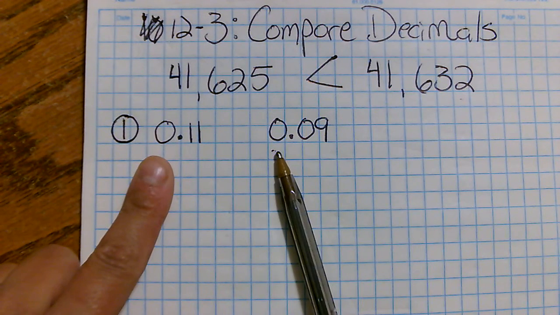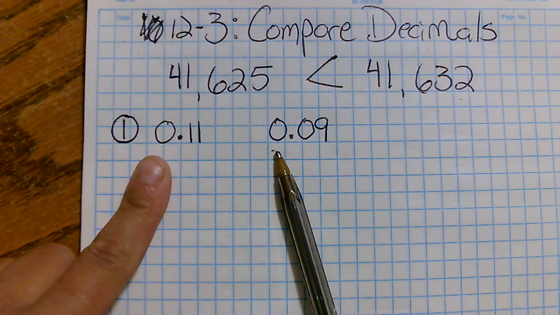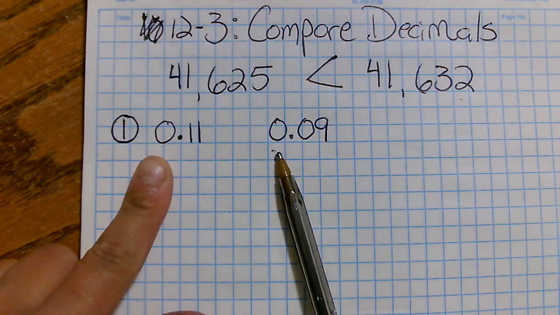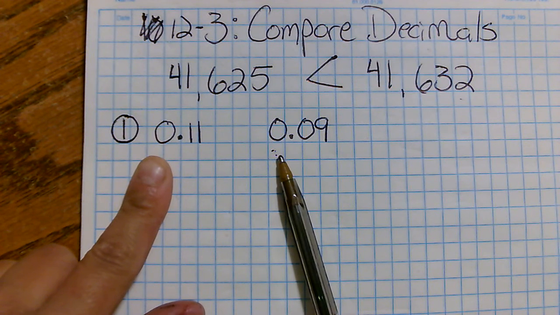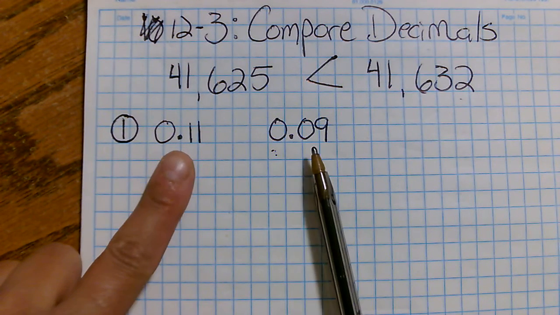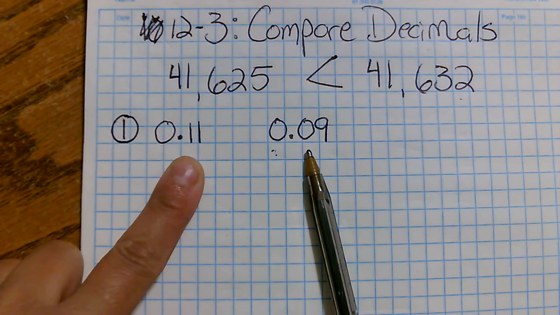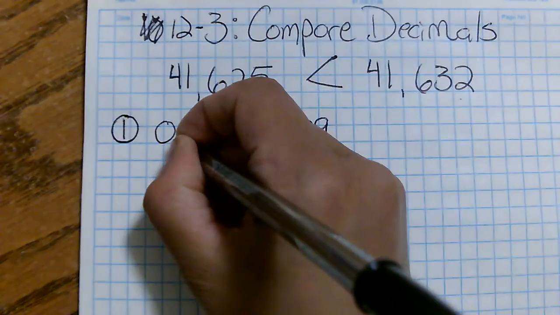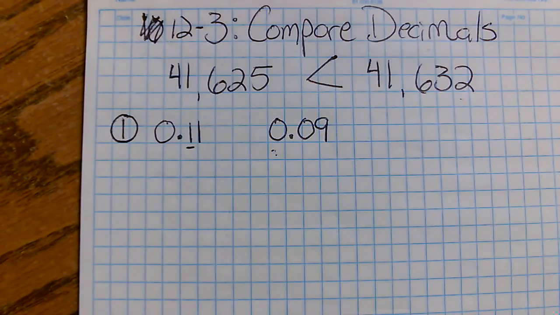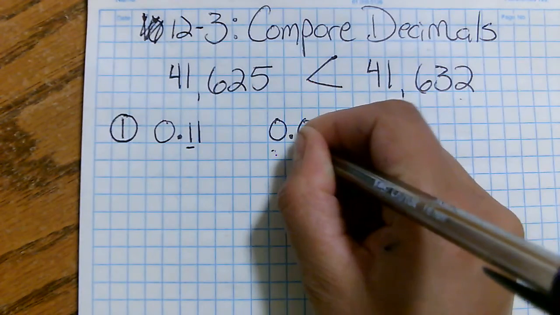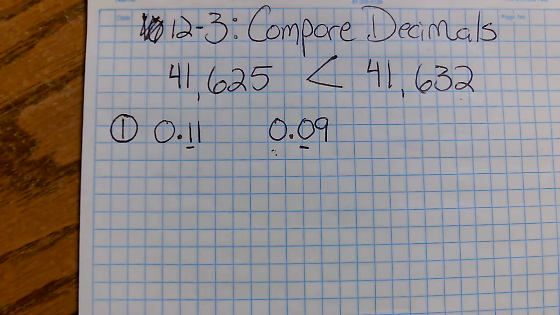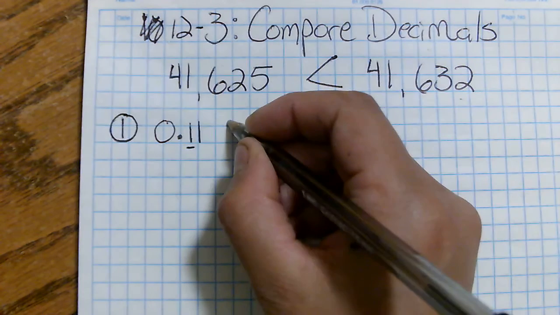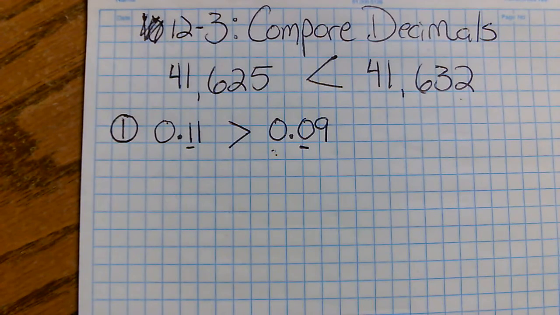Now, as you can see, I don't have any ones. They're both 0. They're the same amount. So I go to the direct next spot, which would be the tenths place. And I compare those. This number has a 1 in the tenths place. This number has a 0 in the tenths place. 1/10 is greater than 0/10. So I know that this number must be bigger.